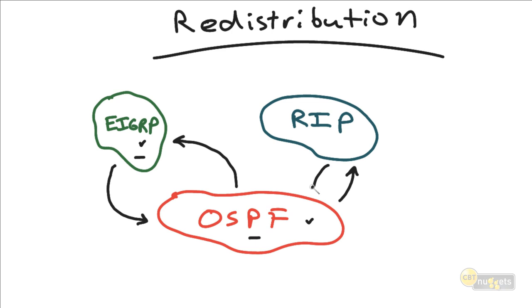We better put the RIP routes into OSPF. We need to put the EIGRP routes into RIP. We need to put the RIP routes into EIGRP. Now, when you add that third protocol and you're doing your two-way redistribution, we can really start to get into big problems.